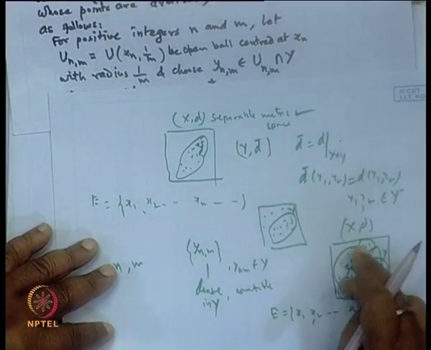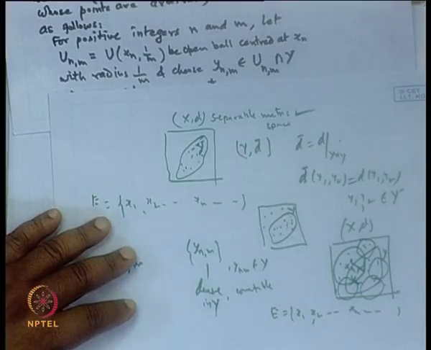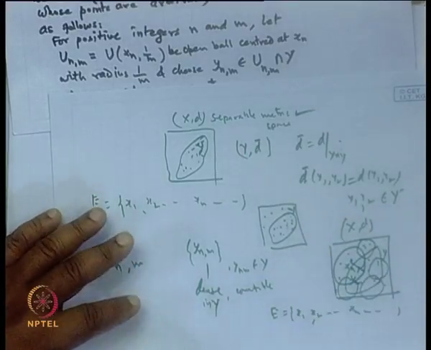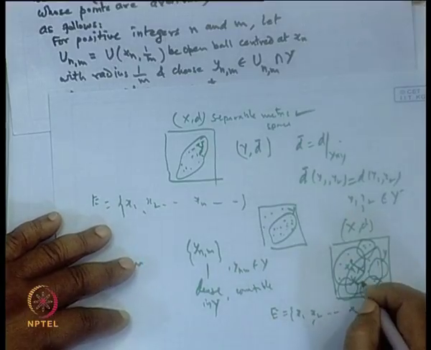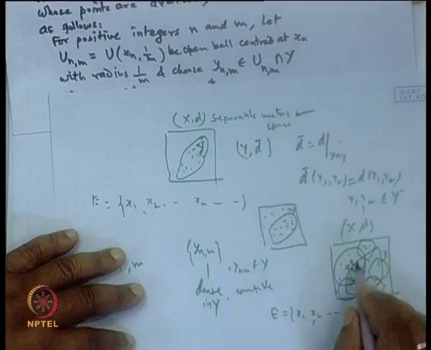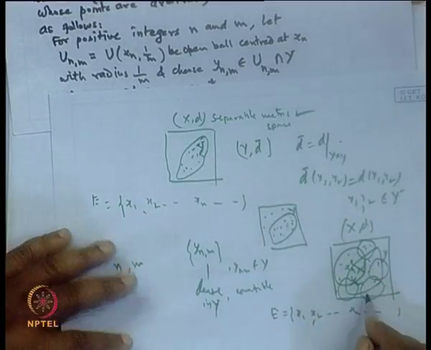Now, some of them will intersect Y and some of them may not intersect also, because all the points are not inside Y, nor are they boundary points. So, with suitable n, m you can get some of these balls which will definitely intersect.